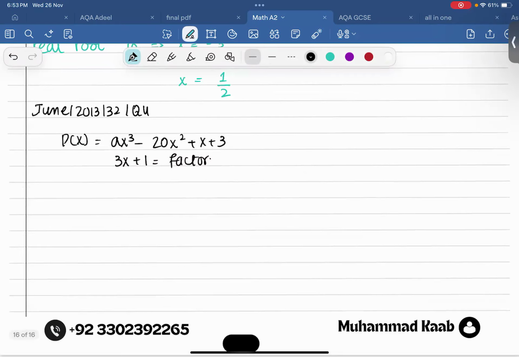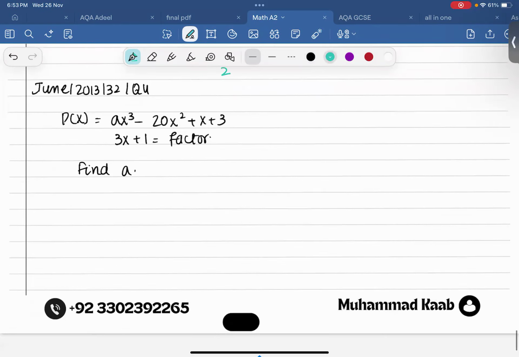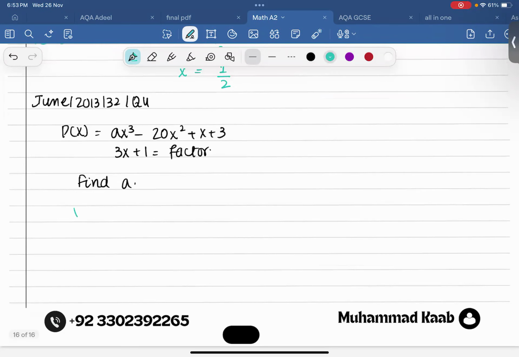Fine. They're saying find the value of a. Okay, so find a, right? This is not a tricky question. You just need to input the value. So x is equal to negative 1 over 3, right? So when p of x has this value, the overall result would be 0, right?